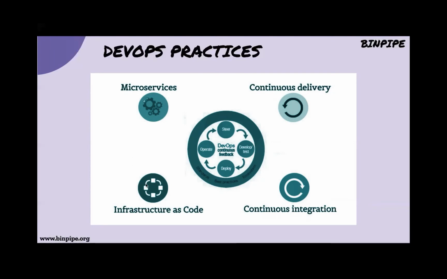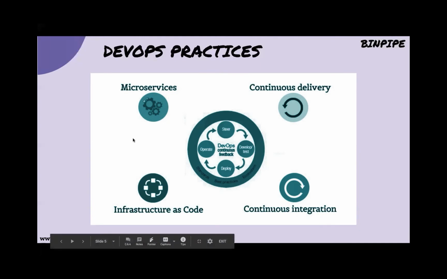For example, you have a web server and you want that server to accommodate 1000 active users. You want that server to listen on a particular port number and so on. So you can define all that in your code and you build that server accordingly. So learning infrastructure as code is a DevOps practice that will help you.